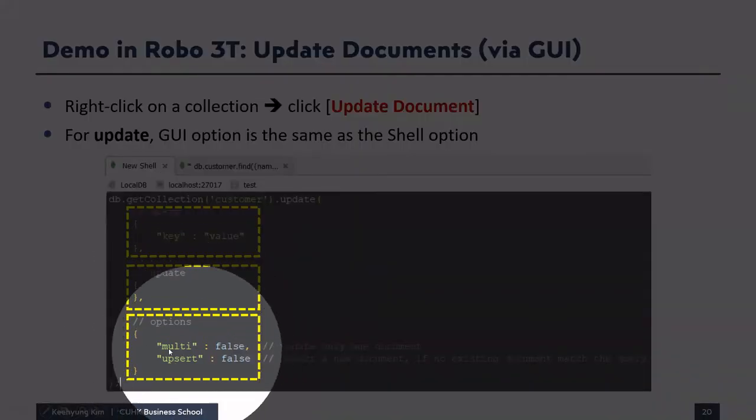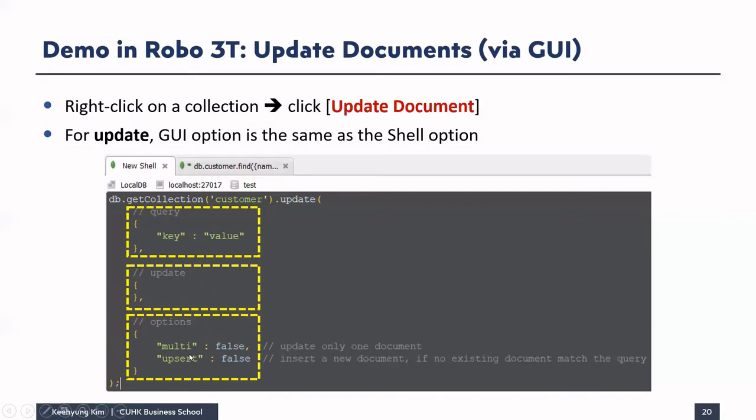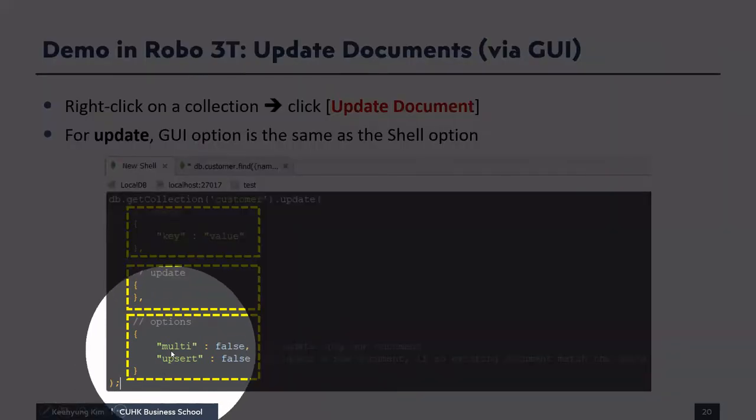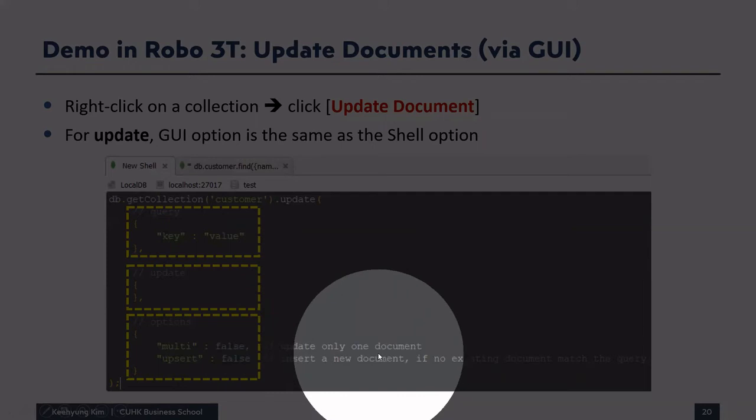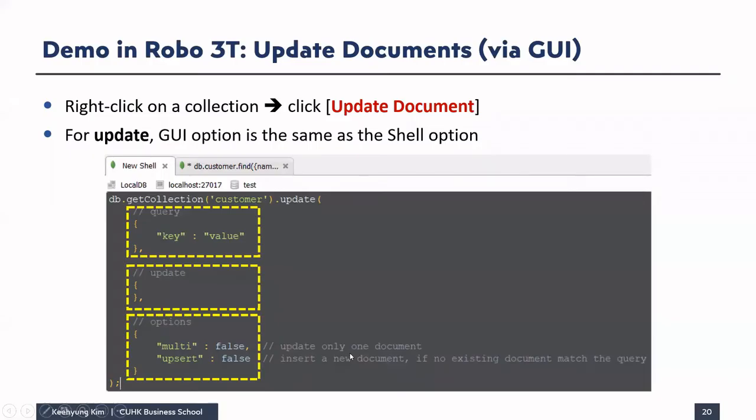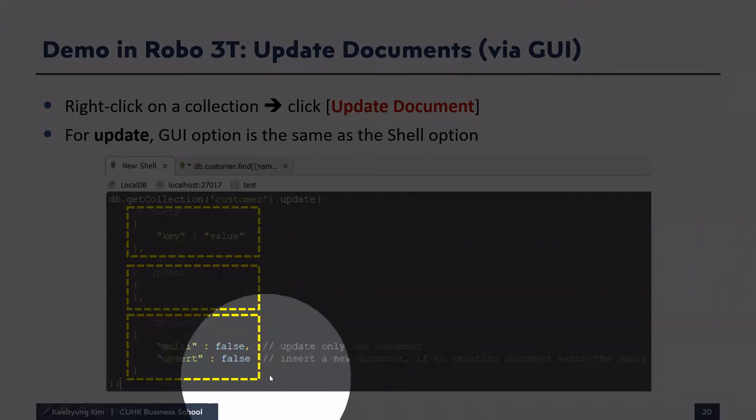The third part is the option. When you update the document, what kind of option you want to give. There are two options you can give. The first is multi. You have to choose whether you want to update only one document or multiple documents. The second option is upsert.